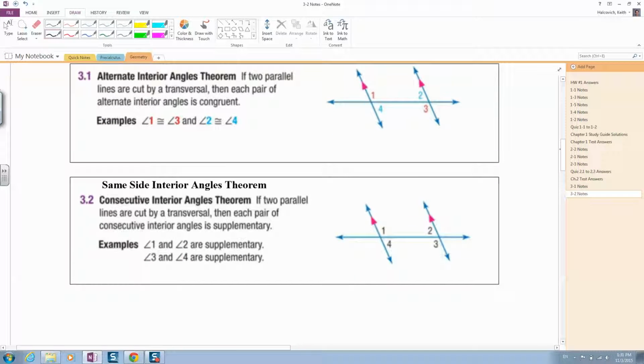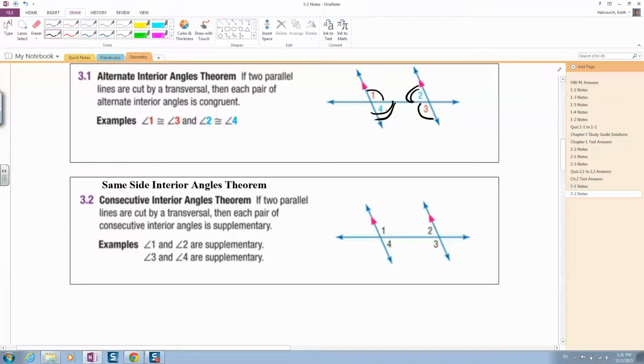Then there's the alternate interior angles theorem, which says if two parallel lines are cut by a transversal, then each pair of alternate interior angles are congruent. So notice alternate interior are like 1 and 3, or 2 and 4.